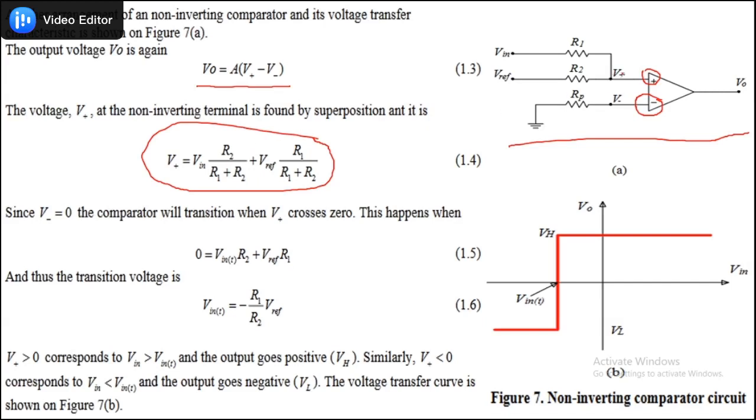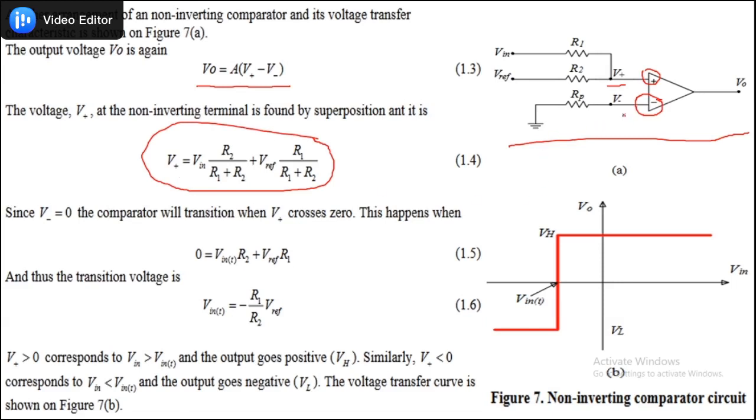V plus, the voltage at this node, is equal to Vin, the voltage applied here, multiplied by the resistance in the opposite branch, which is R2, divided by the total resistance R1 plus R2, plus Vref, similarly multiplied by the resistance in the opposite branch and divided by the total resistance. So V plus is equal to Vin R2 upon R1 plus R2 plus Vref multiplied by R1 upon R1 plus R2.